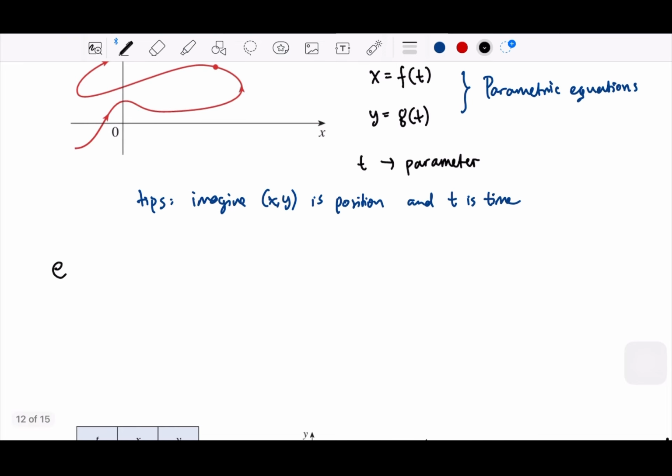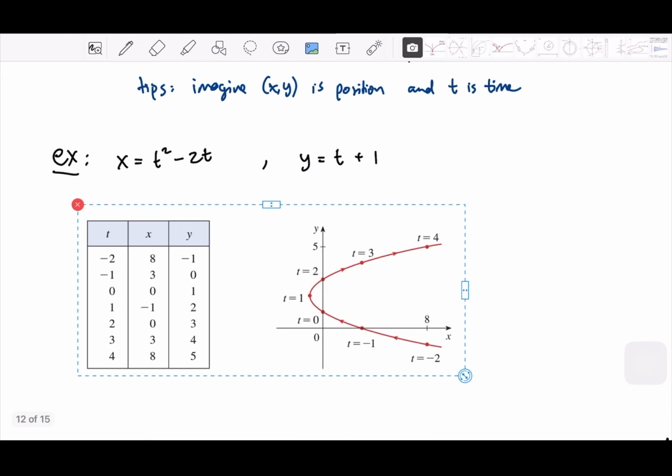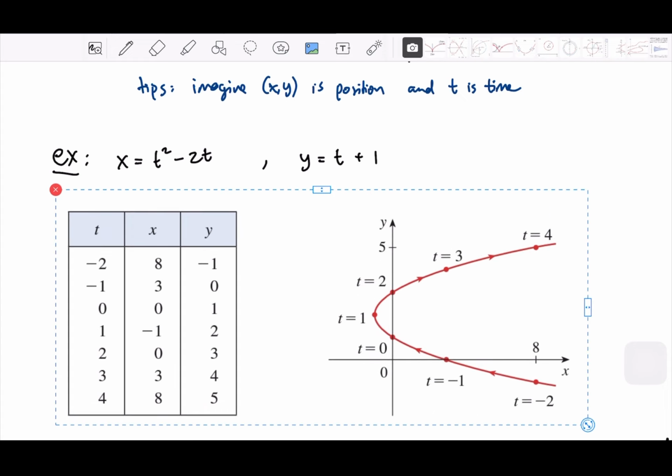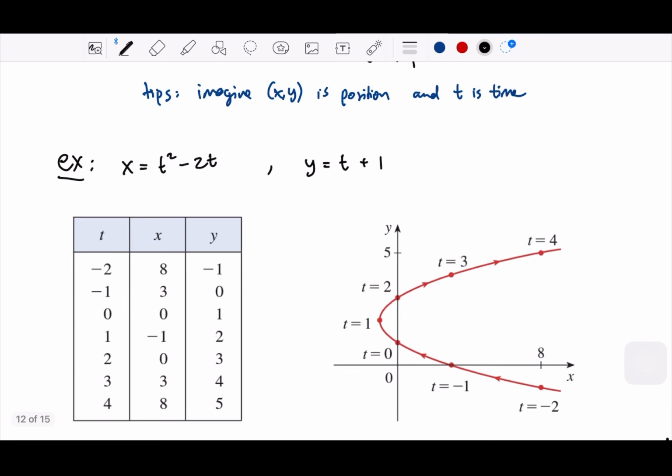Now, if we need to sketch, let's say we have this x and then we have this y. From those equations, we're going to have some variation of x, y for each t, let's say t from -2 to 4.